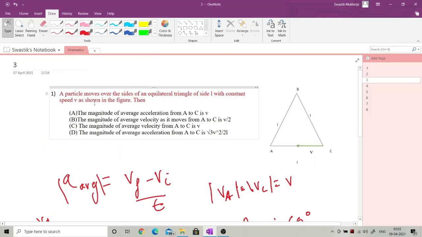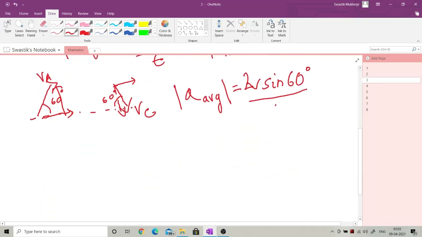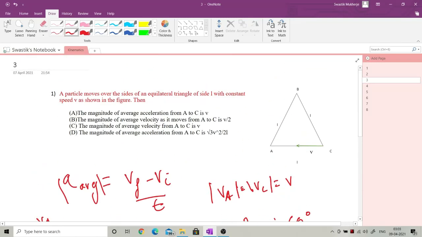It's moving with a constant speed V and it travels from A to C, which is a distance of 2L. So the time taken is 2L by V, which is equal to root 3 V square by 2L. So option D is correct.